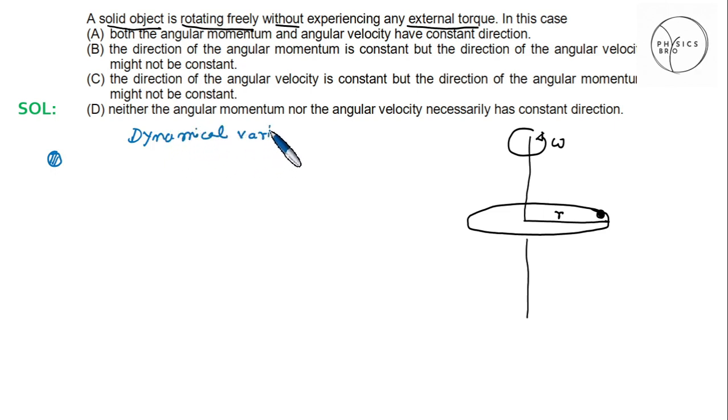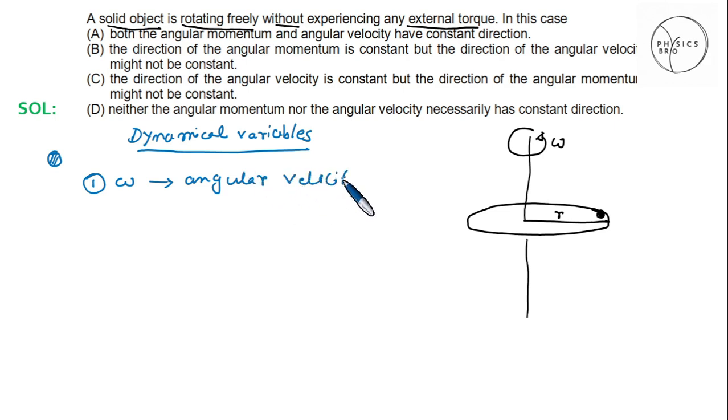So what we need in this case to study the rotating body: number one, omega, that is angular velocity. The second thing we need is vector L. Omega must be a vector also. Vector L is the angular momentum.